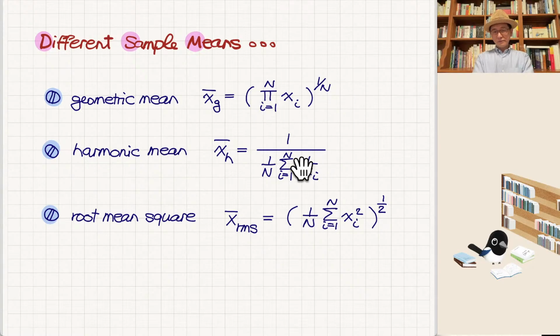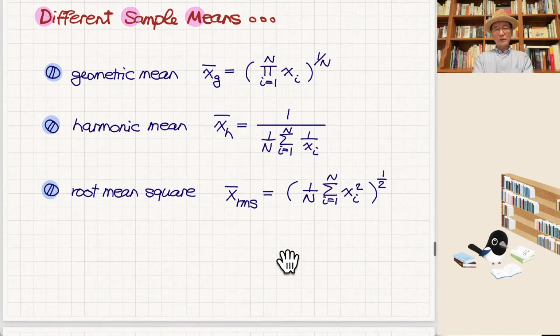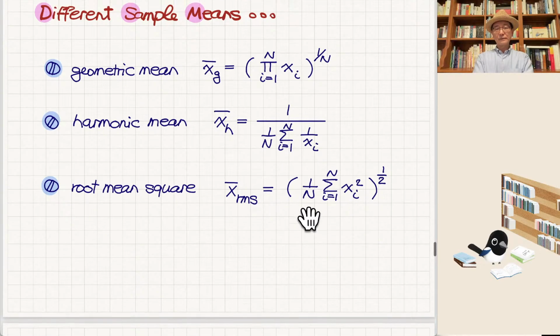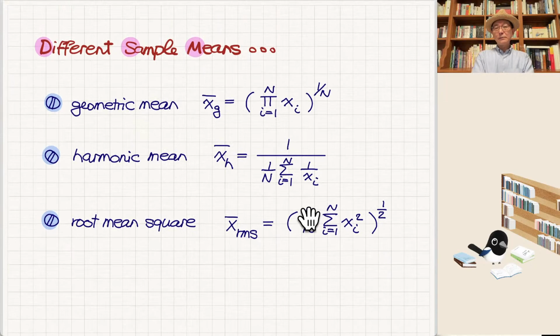Or you can sum up the reciprocals, take the average, and then take the reciprocal. Or you can square them, sum up, take the average and then take the square root, and that's the root mean square. So there are different sample means that you can take. Which one is the correct one?